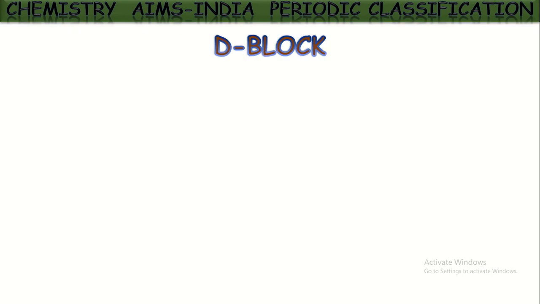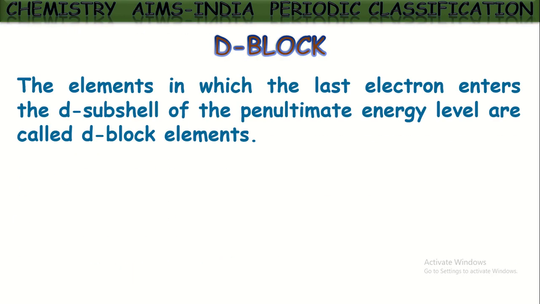Next, D block elements. The elements in which the last electron enters into d subshell of their penultimate energy level are called D block elements. So here one more new word has come: penultimate. Penultimate shell means last but one shell.